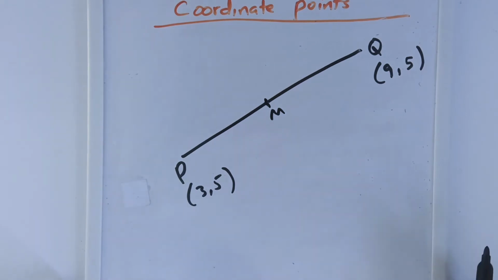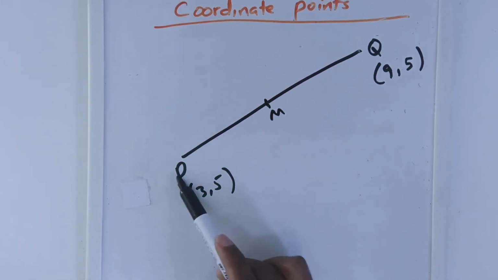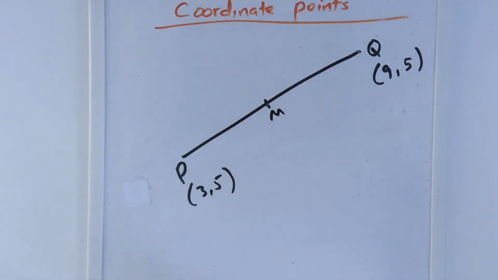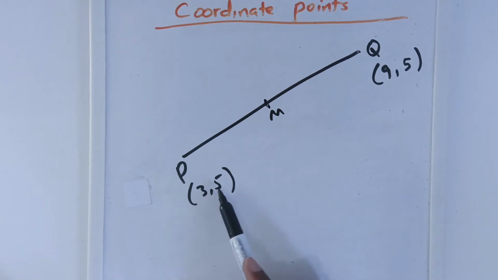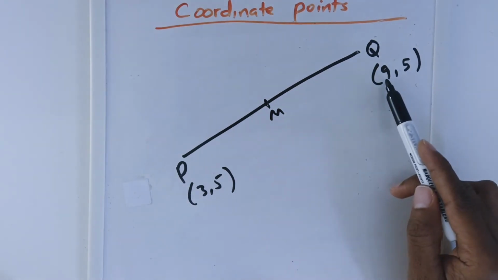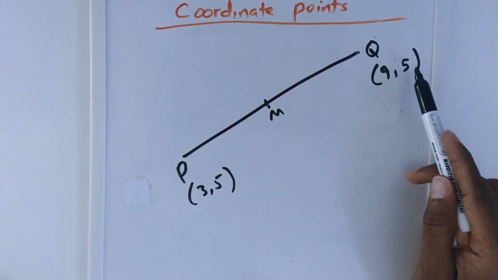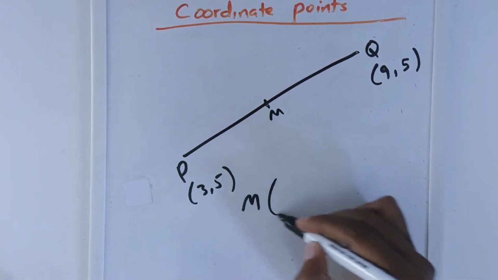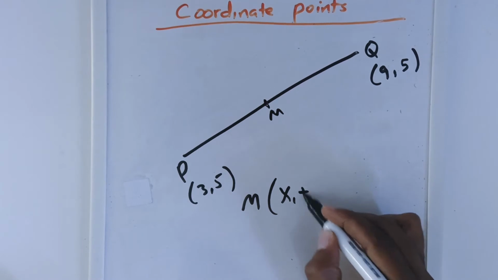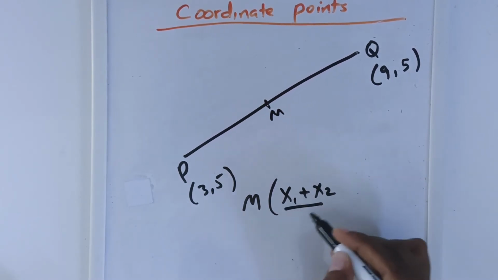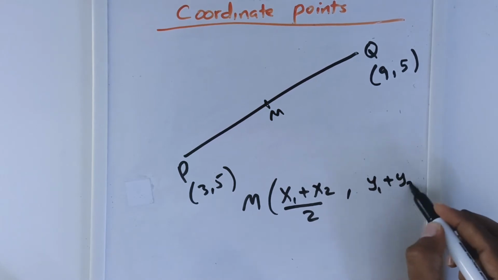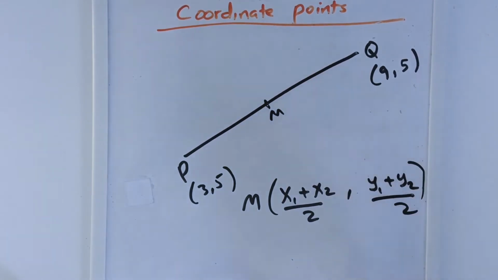Let us do another example. We have 2 points P and Q, and we want to look for the midpoint coordinates. We are given the coordinates for point P as 3 and 5. Q is 9 and 5. In order to find the midpoint coordinates, we said it's x1 plus x2 divided by 2, y1 plus y2 divided by 2.